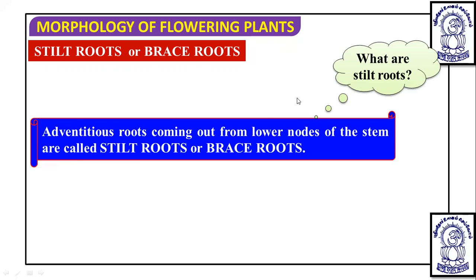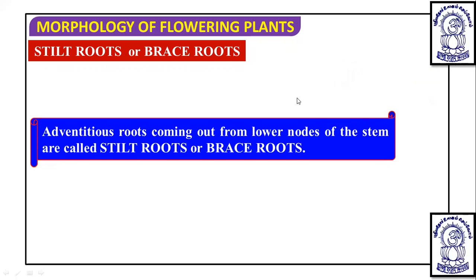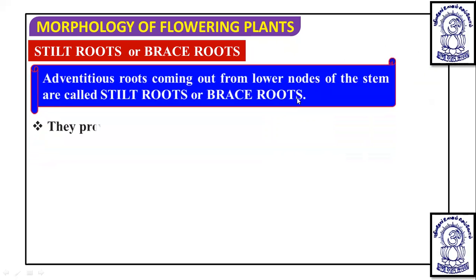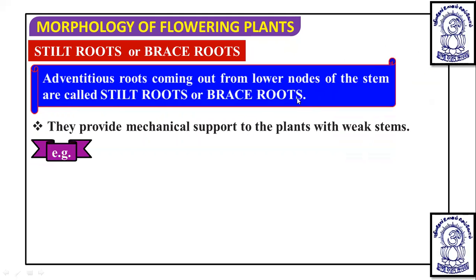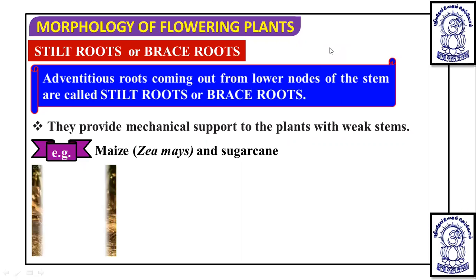From the lower nodes present in the stem, these stilt roots or brace roots arise. They provide mechanical support to plants with weak stems, and they are found in maize and sugarcane. The examples of this particular type of root are found in maize and sugarcane.